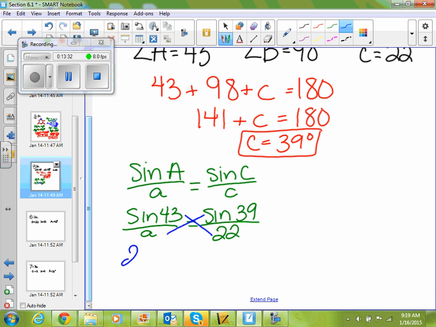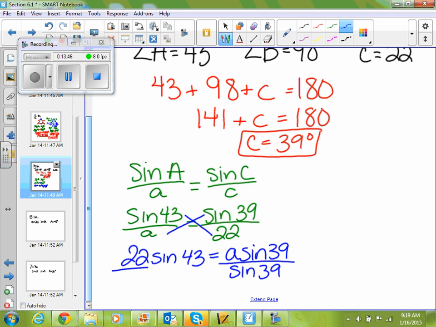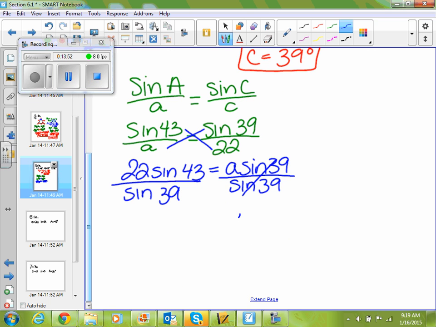Cross multiplying, I get 22 sine of 43 equals A sine of 39. Then if I divide by sine of 39, I get A equals 22 sine of 43 over sine of 39.